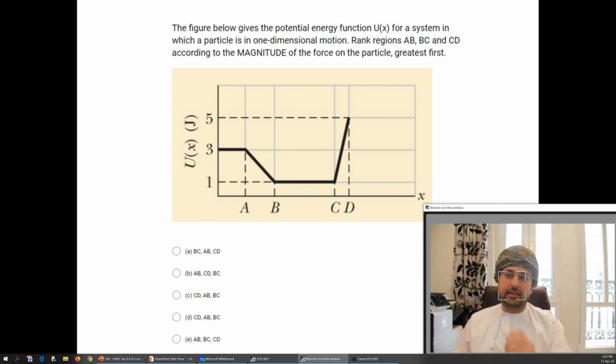So by looking at this, we can say that CD has the biggest slope, so that's where it will have the biggest force. AB has the second biggest slope, so that's the second highest force. And BC has a slope of 0, so if you take the differential, it will be 0. So that is the least amount of force, which is 0. We cannot have negative force, at least not when we're talking about magnitude.